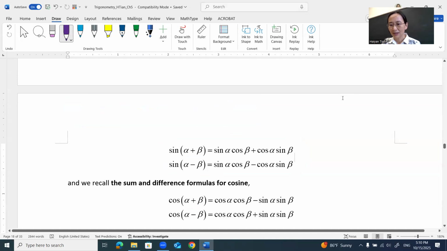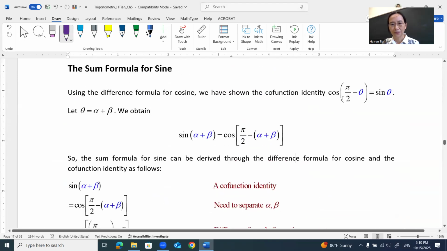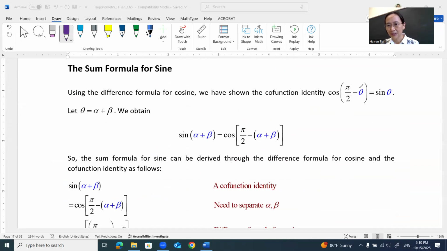So let's think of this identity. Instead of theta, we replace theta with alpha plus beta. That is, in this identity, we substitute alpha plus beta into theta. This identity is still true because it's a cofunction identity, and it is true for any theta.